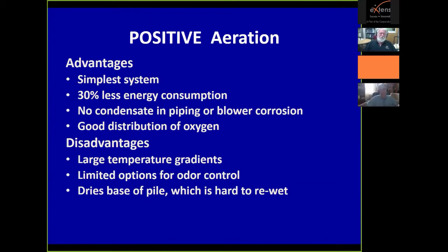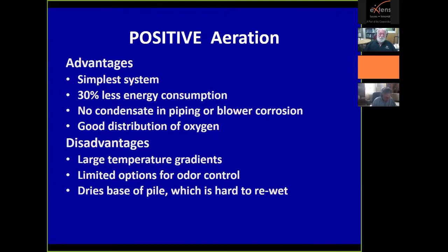The drawbacks to positive air are you can see some large temperature gradients in the pile, where maybe the top of your pile might be at about 140, 145, and the bottom of your pile can be 110, 120, because the air is cooling the pile as it transits. As the air moves through the pile, it tends to cool the pile, so you can get cooler parts of your pile closer to your piping.